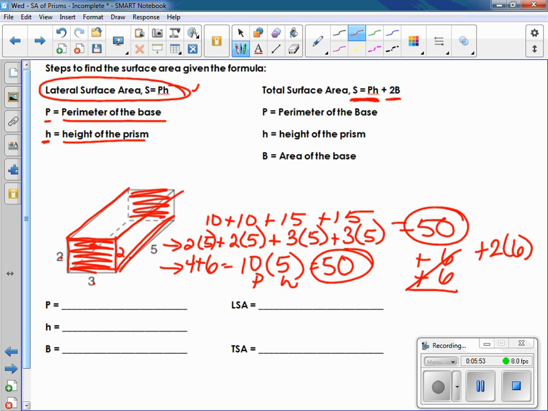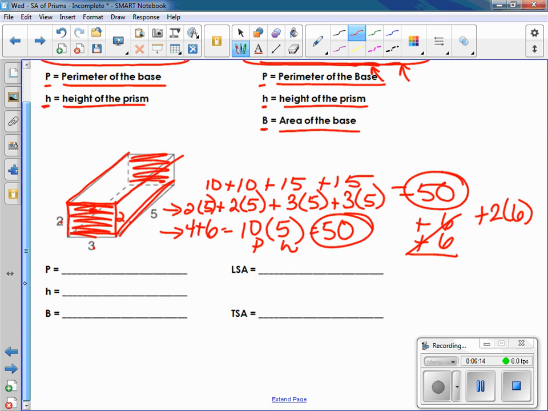So again, the big P represents the perimeter of the base. H is small, so it represents the height of the prism. Big B, area of the base. Now again, this formula will be on your formula chart, but you have to know what to use for B, P, and H. And that's where most people struggle, so just be careful with that.